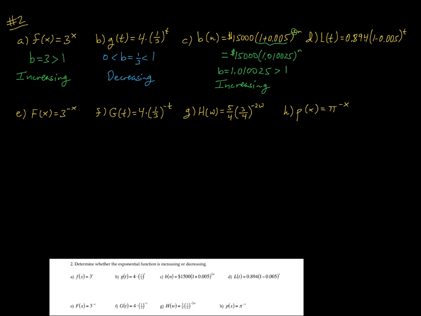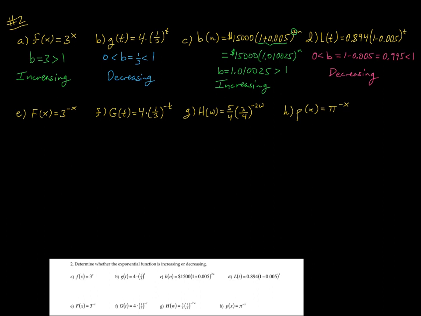All right, for D, it's 0.894 times the quantity 1 minus 0.005 raised to the t power. So here, our base b is 1 minus the 0.005, which is the same thing as 0.995. And so that's just shy of 1. Right, so our base is between 0 and 1, so that would be a decreasing exponential function.